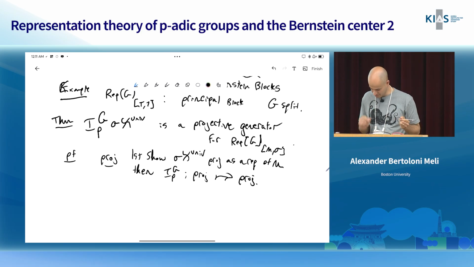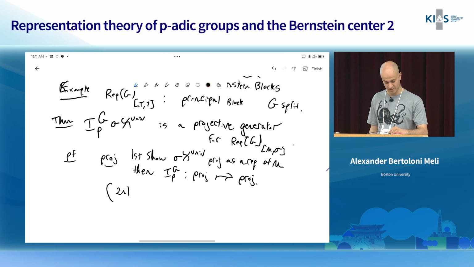And this follows from second adjointness and the fact that J P G is exact, I claim.